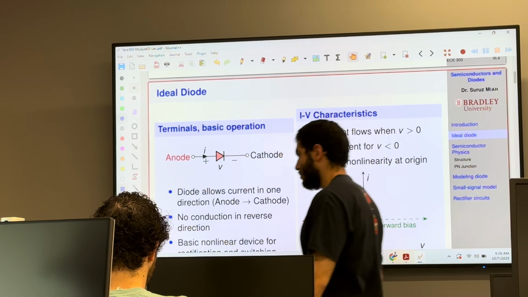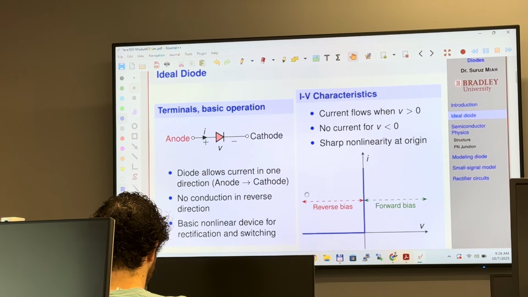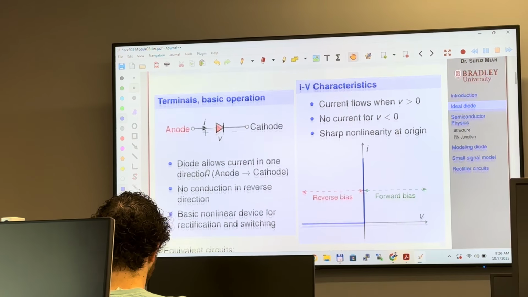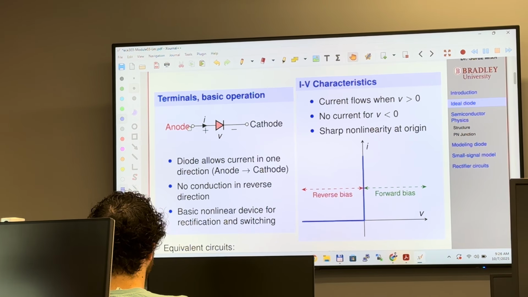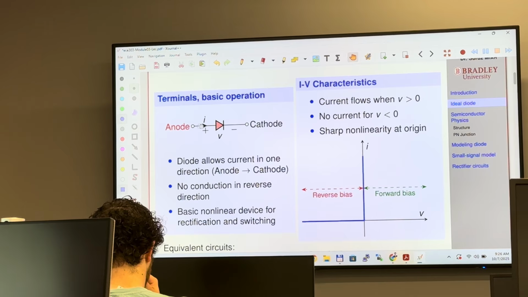So let's talk about the ideal diode. A diode has two terminals.